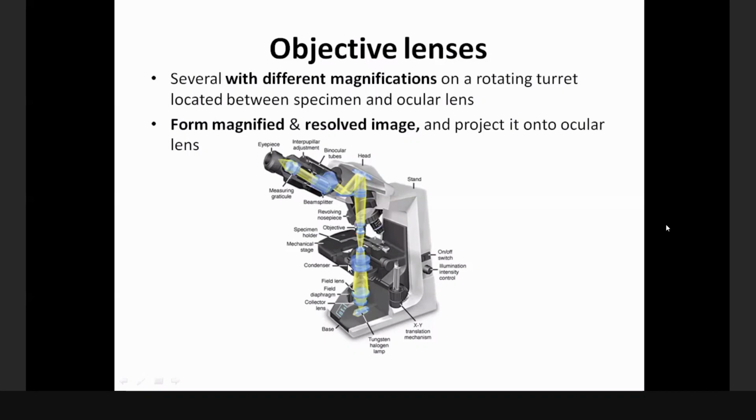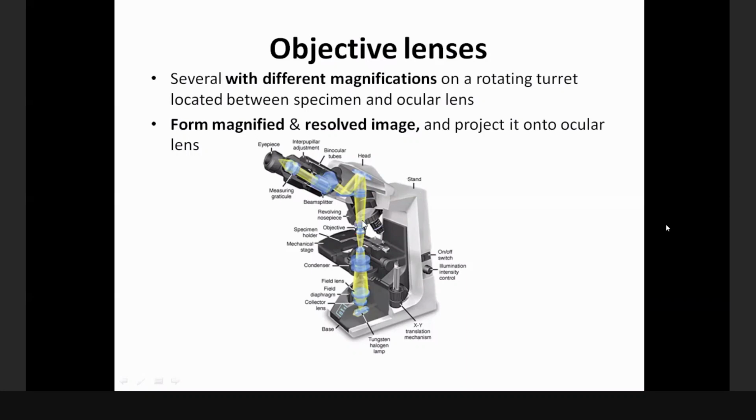The objective lenses have 2 functions. The first one is magnification. The second one is resolution. So the objective lens is the lens with both functions of the microscope, meaning magnification and resolution. So that's what it does.